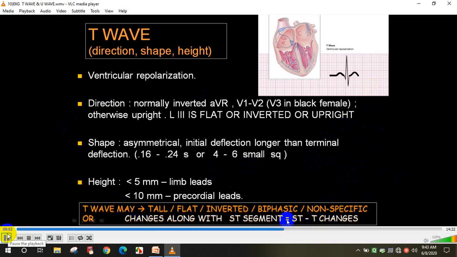And I have already told you in a previous slide that if there is an ST segment change like ST segment elevation or ST segment depression, there is always a T wave change along with the ST segment. It may be upright, it may be inverted, or it may be biphasic. This combined together with ST segment is called STT changes.